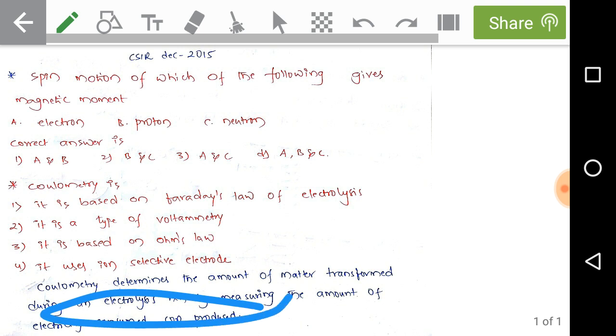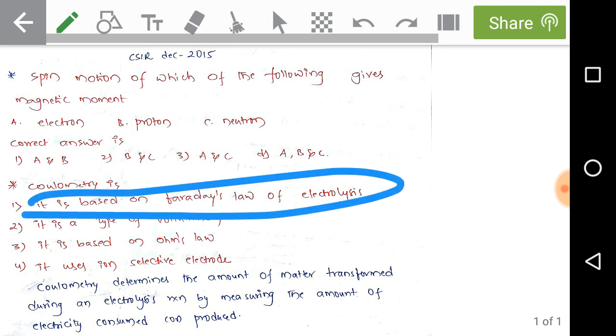That means coulometry depends on electrolysis. So here the first statement, coulometry is based on Faraday's law of electrolysis, is the correct answer for the given problem.